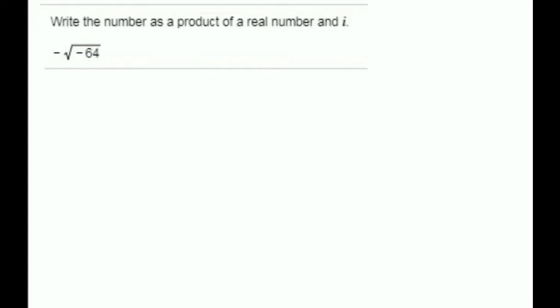So here again in the homework we have a similar situation as last time. Write the number as a product of a real number and i. The only difference here is we have this negative sign on the outside. So we continue to hold on to that negative. We're considering that negative 1 times 64.